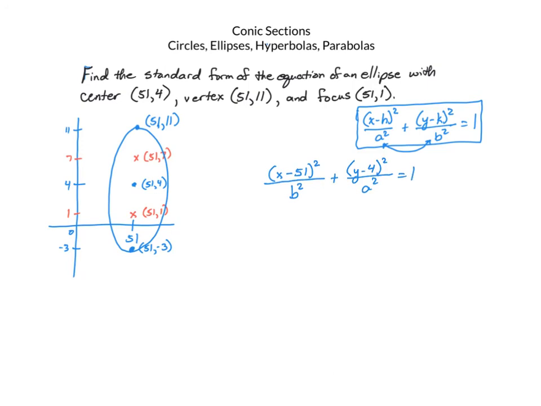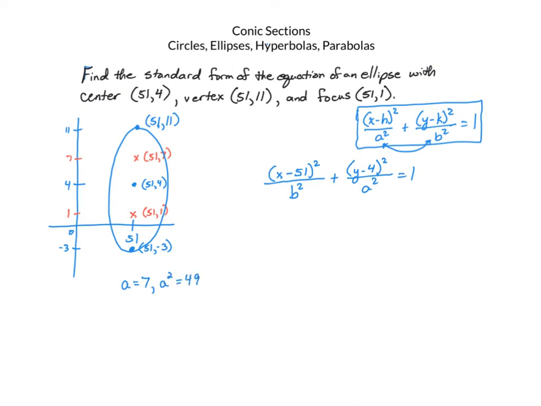So I just need to find a squared and b squared. Let's look back at our picture. We know the distance from center to vertex is a. From (51, 4) up to (51, 11) is 7 units. So let me write that down. a equals 7. That means a squared equals 49.